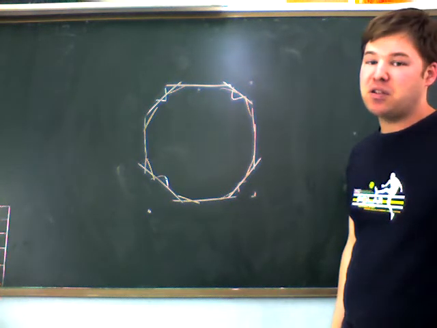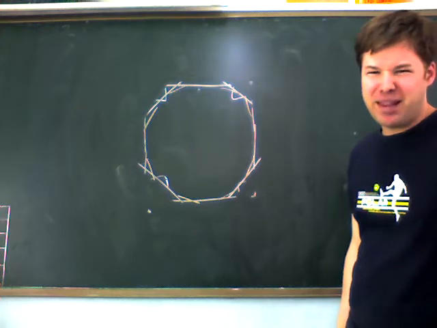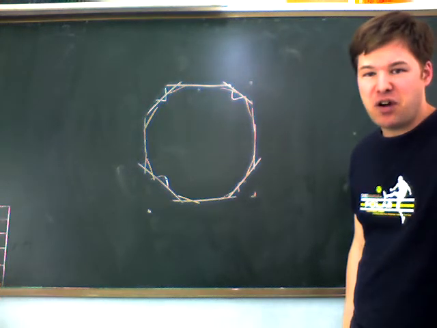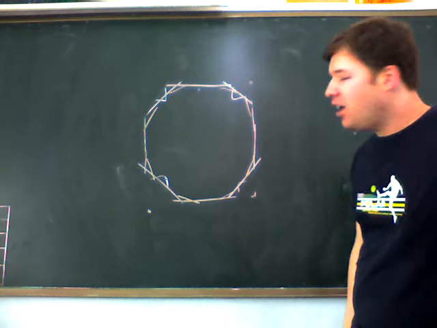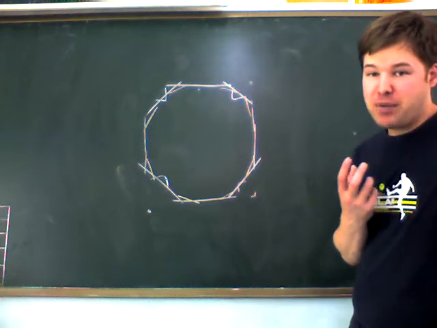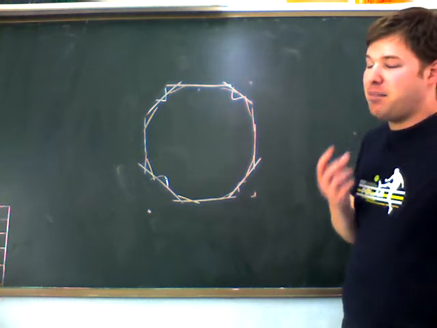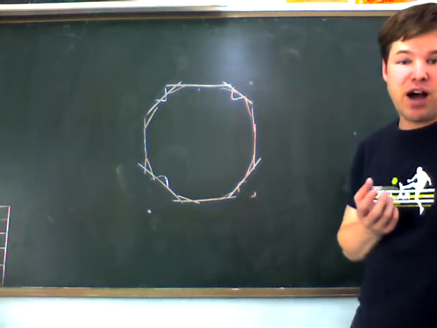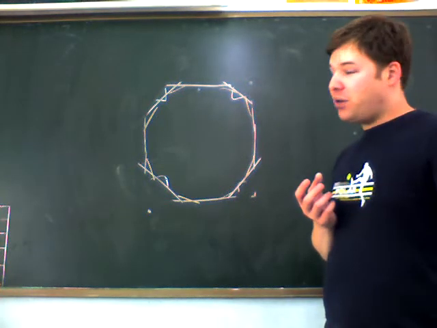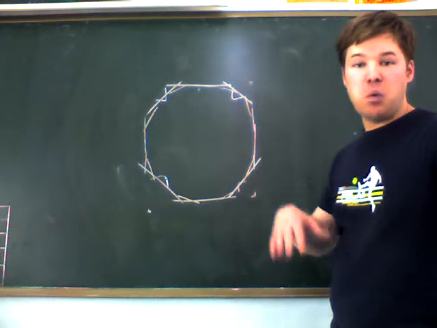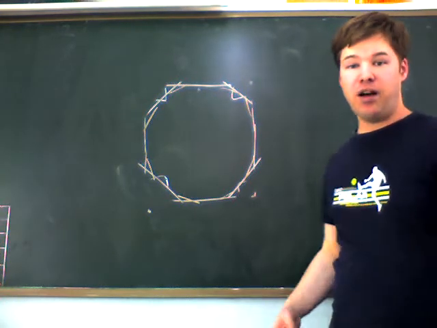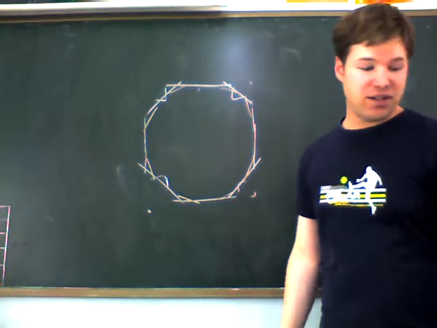Even those angles could be nanometers across. To our human senses, the ability to sense those angles will reach a limit, and we will say, "Oh, that's a perfect circle."